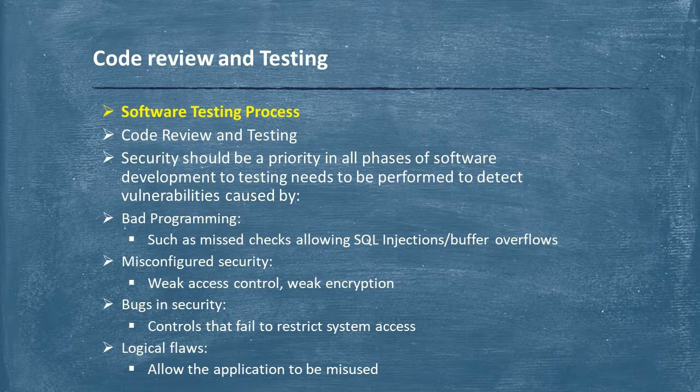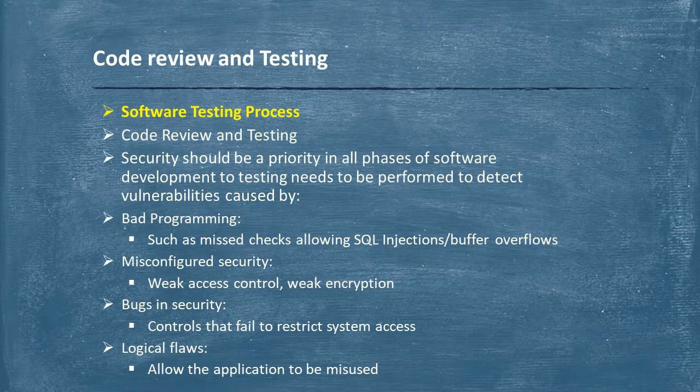And then misconfigured security and weak access control. If the coder has performed weak encryption or weak access control in his code, it comes out. Bugs in security controls: the user might have defined a control, and if the control is not implemented, then it's a problem.